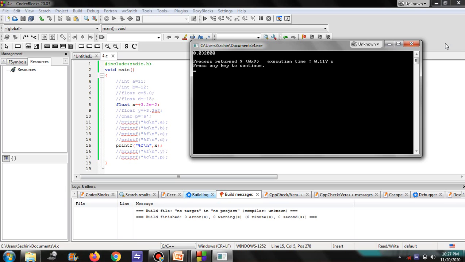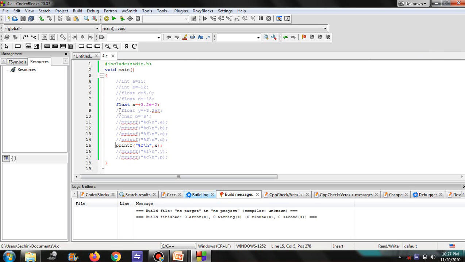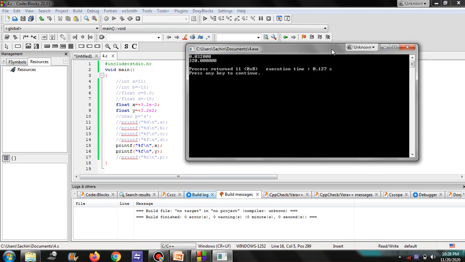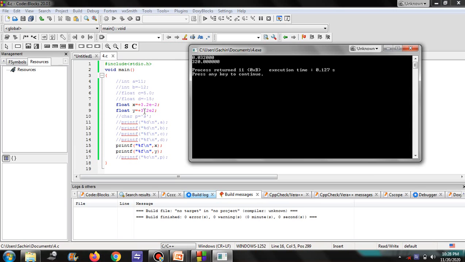Okay, let's clear your concept here. I'm going to remove the comment section so you can easily understand this one, that here 3.2 e to the power 2 is a positive exponential form.